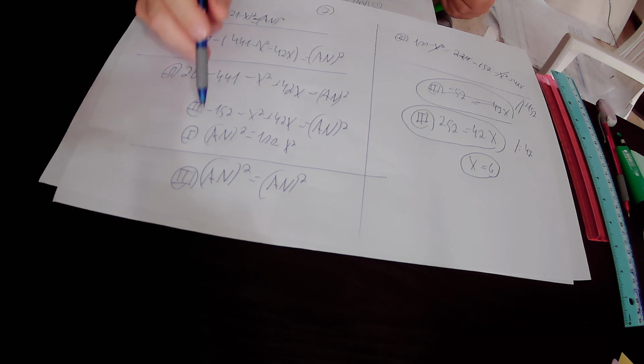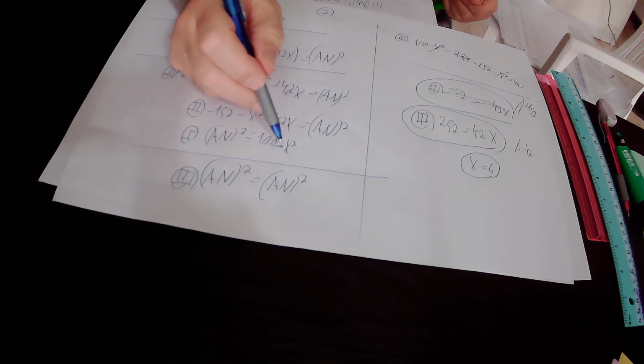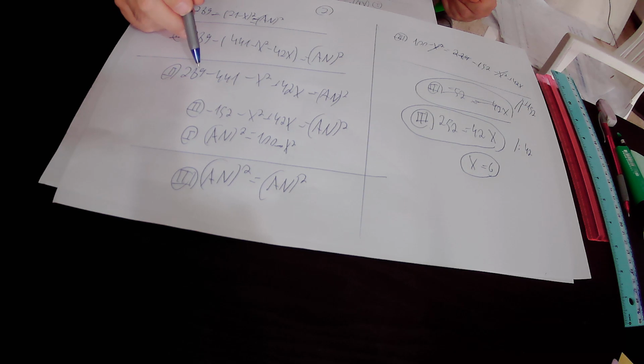According to equation 1, AN squared equals 100 minus x squared. So we have two expressions for AN squared. Therefore, we add equation 3 that states that AN squared according to equation 1 must be equal to AN squared according to equation 2.